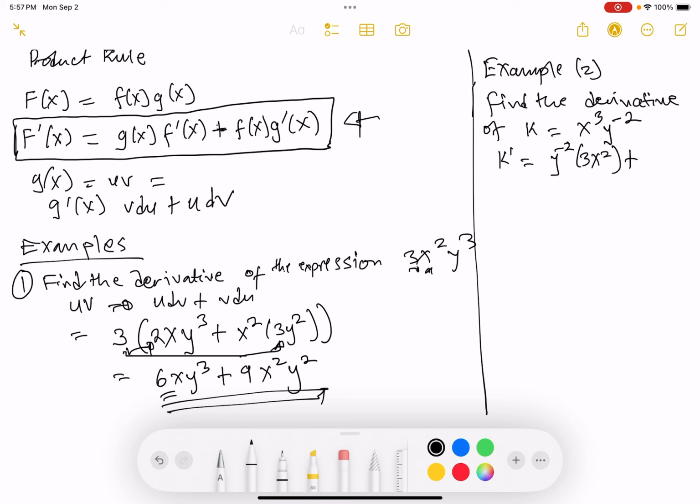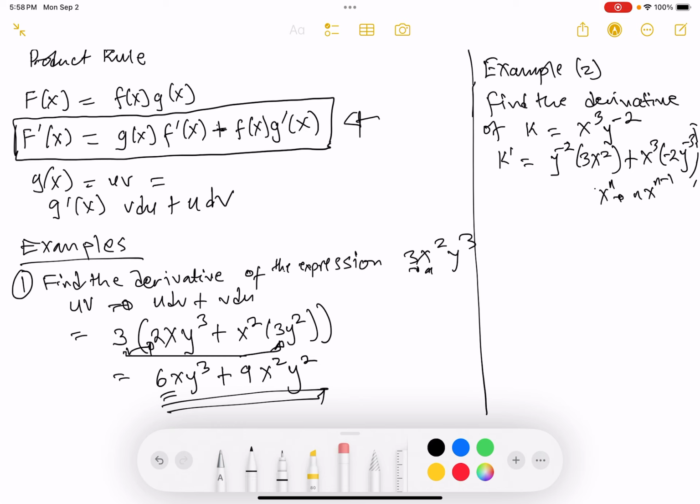Now plus, in this case, we're going to hold x, so x cubed times minus 2 y to the minus 3, right? How did we get minus 3? Because you drop the power, so minus 2 drops down, and then you subtract 1. If you remember that rule, again, it's x to the n, you drop the n, and then you have n minus 1.